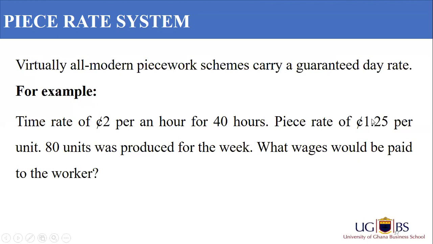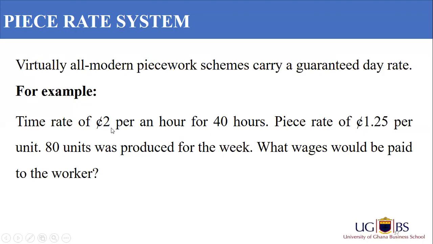And then when you multiply 1.25 by 80 units, you're going to get 100. So you're going to be paid 100. If in case the hours were 20, then you're going to get 40, and your piece rate, which is 1.25 times 80, is going to give you 100, so you are still paid the 100.